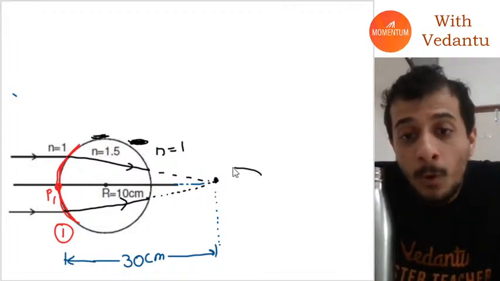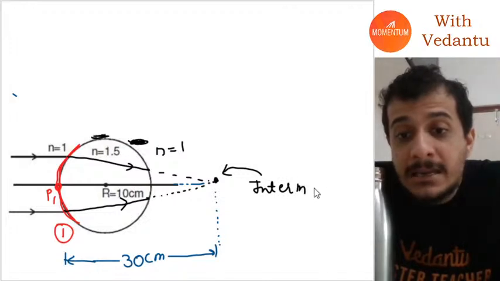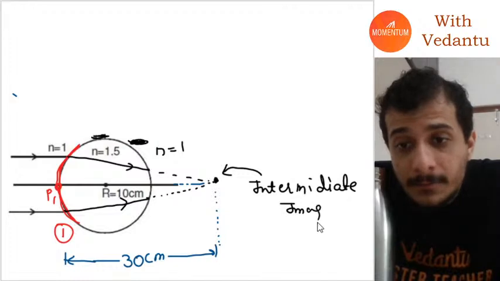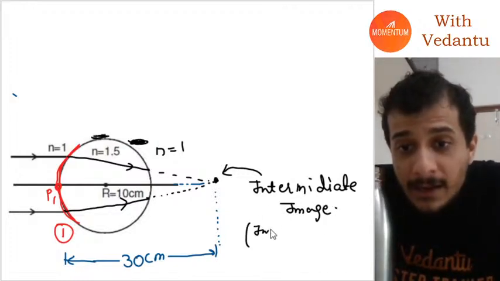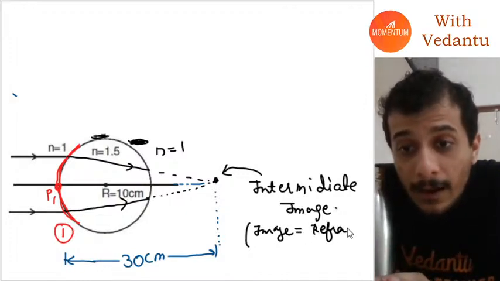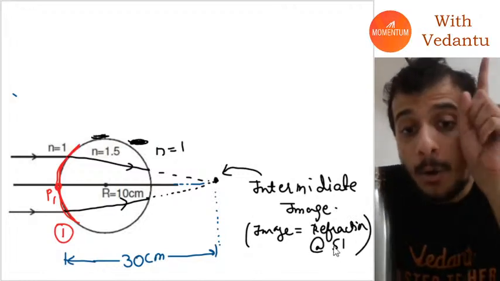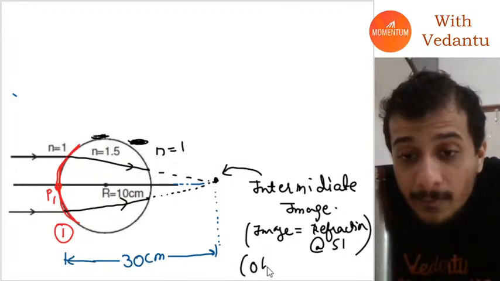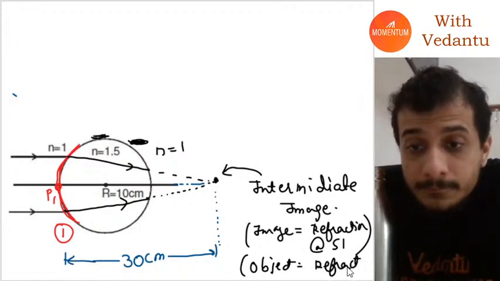This point is what we will call an intermediate image. This is basically the image formed after refraction at surface 1. But also now this point only will act as object for refraction at surface 2.